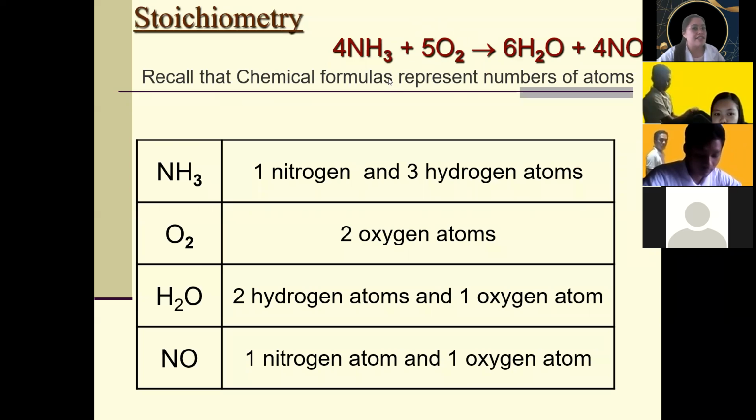The subscript, the small numbers in each chemical formula, together with the symbol of the element. So you have there first ammonia. When you say ammonia, it's always one nitrogen combining with three hydrogen atoms. Of course, for oxygen, I have mentioned this a while ago. This one is a diatomic molecule.